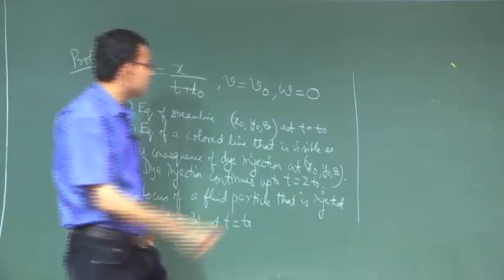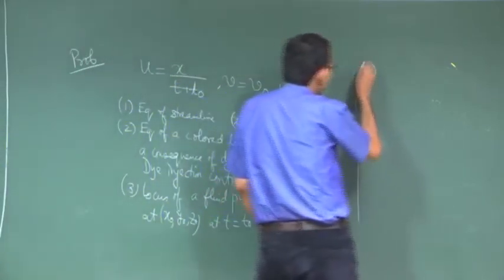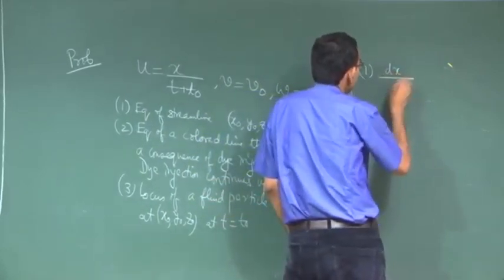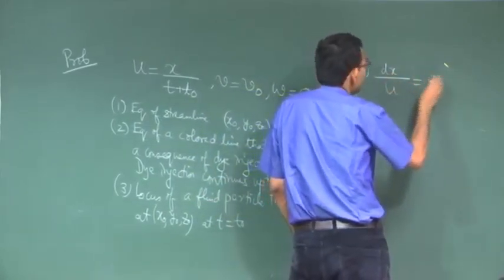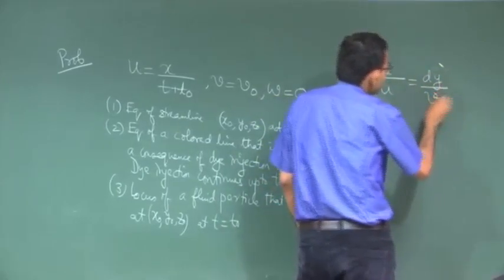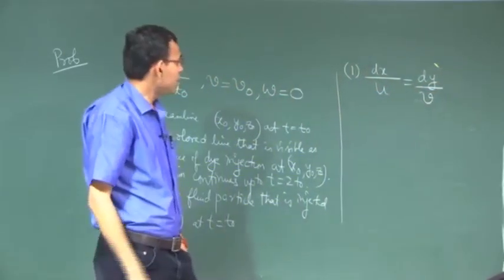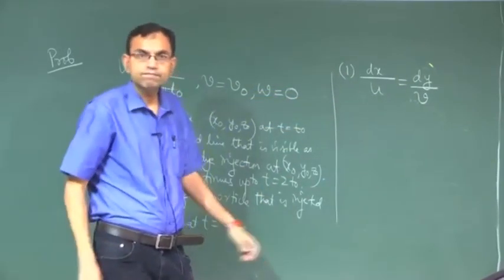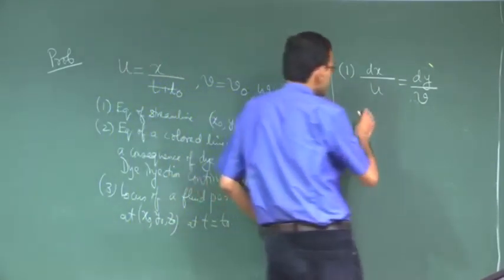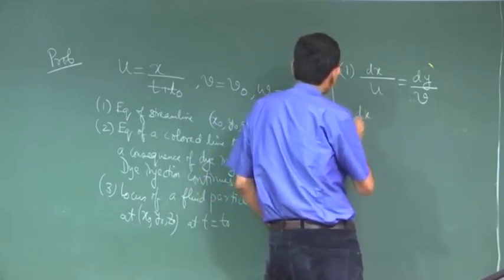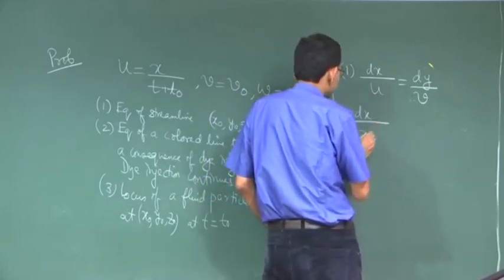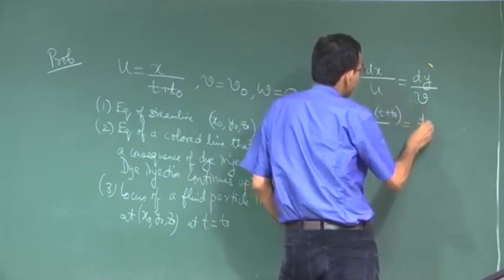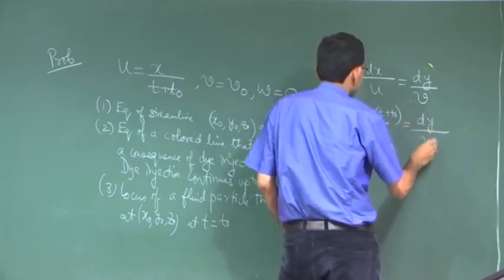So, the equation of the streamline, part 1. dx by u is equal to dy by v. It is a 2-dimensional flow field, because w is not there, so dz by w is not relevant. So you have dx by u, which is x by (t plus t0), equal to dy by v, which is v0.